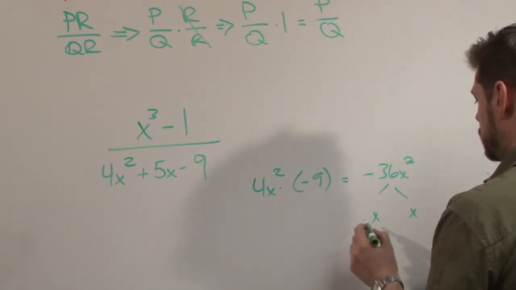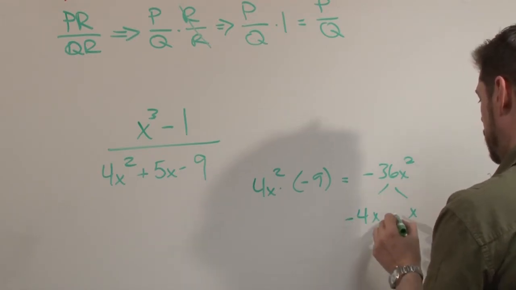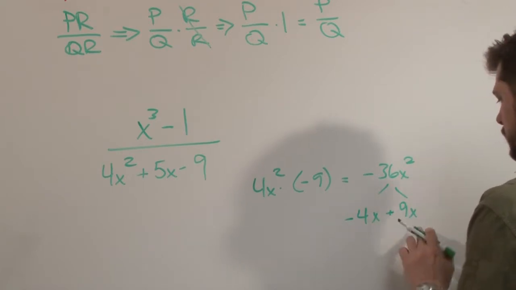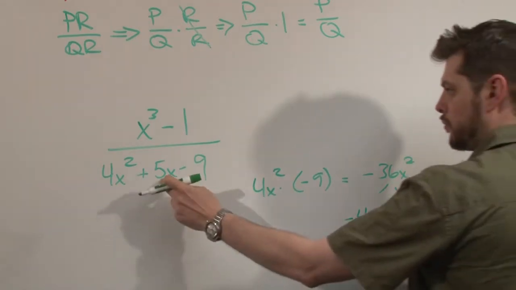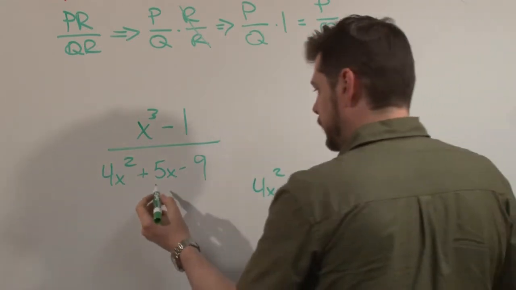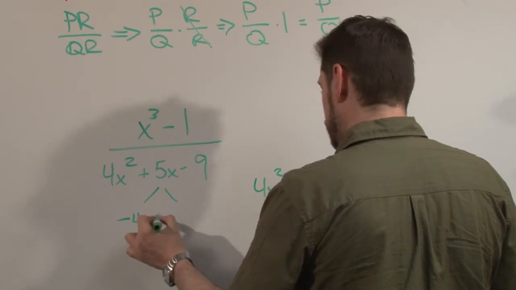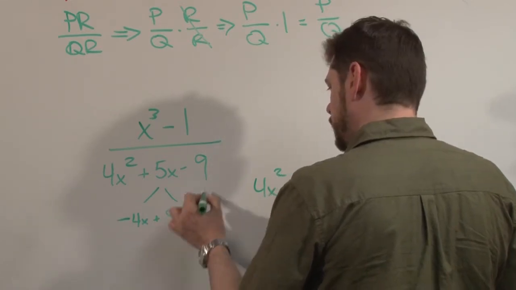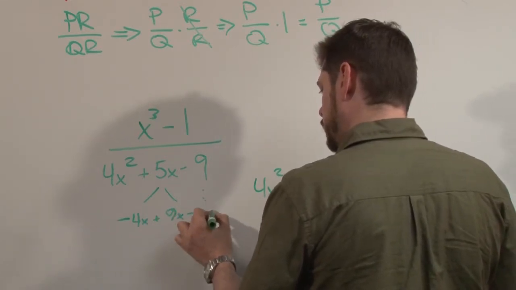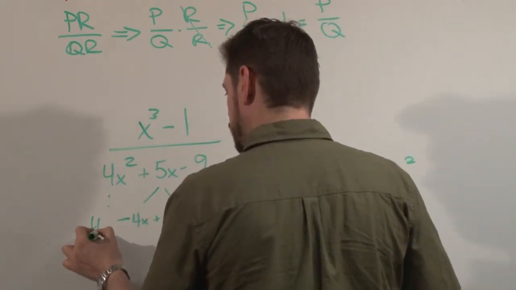And those factors happen to be a negative 4 and positive 9, right? Because when I add 9 to negative 4, I get positive 5. So I'll take this result and move it over here. I'll rewrite my middle term as negative 4x plus 9x, drop down my 9 and my minus sign, and then drop down my 4x squared.